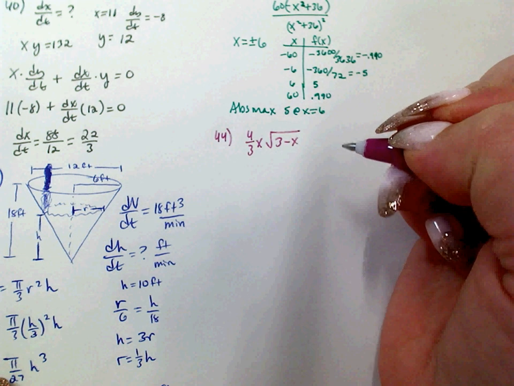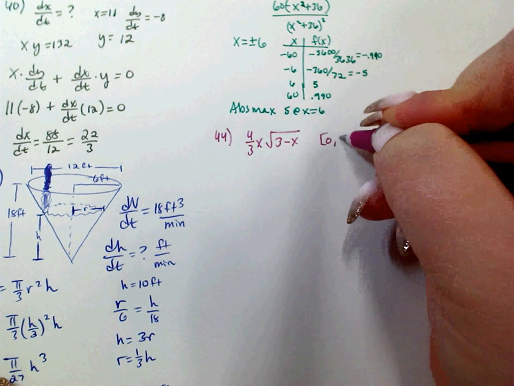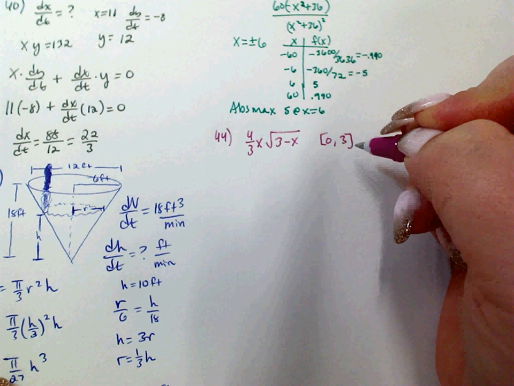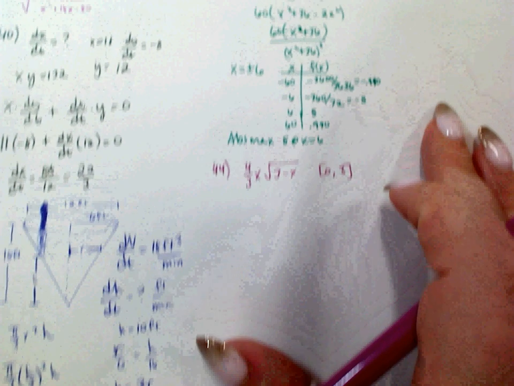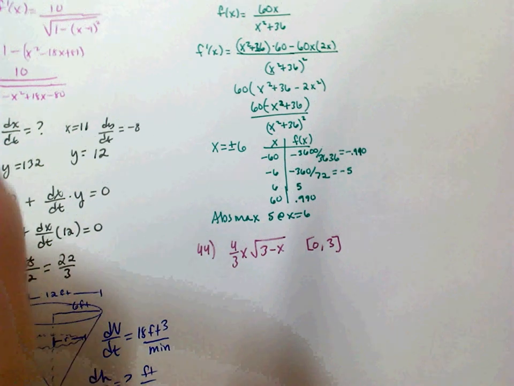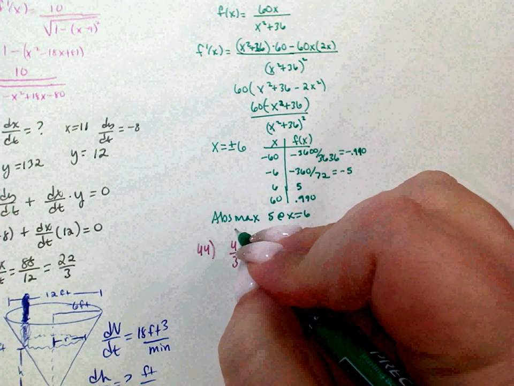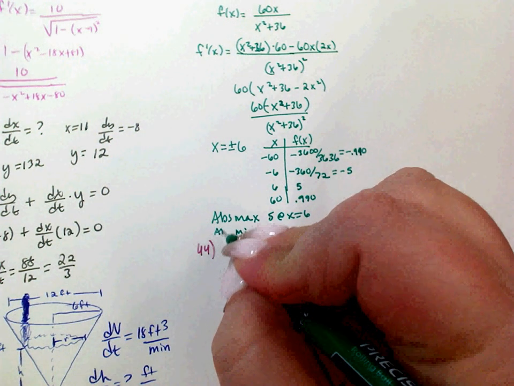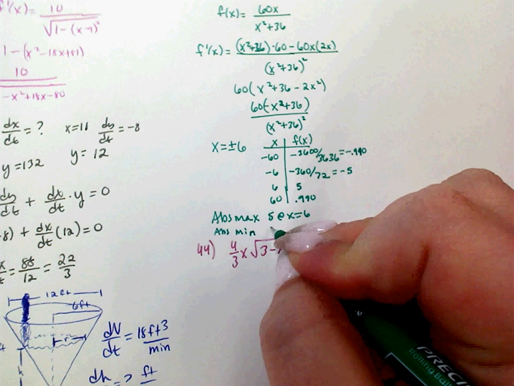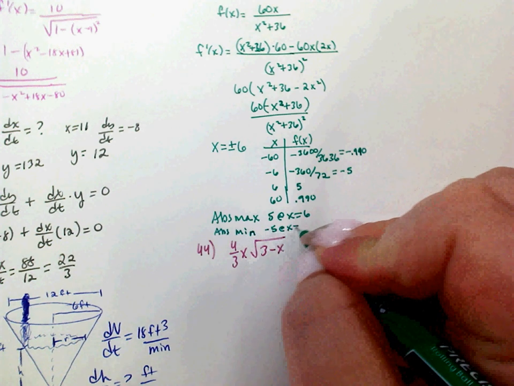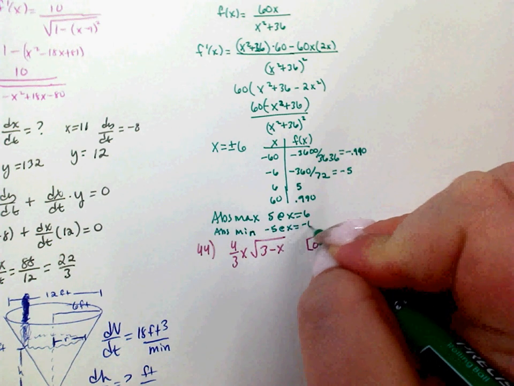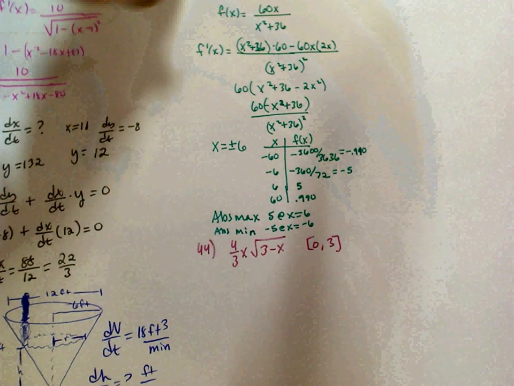Oh, 43 does say absolute extrema, not just absolute max. So, absolute min of -5 at x equals -6.